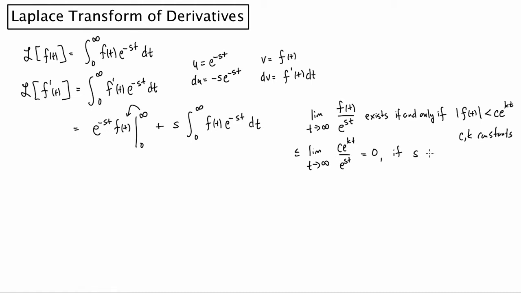If we want it to go to 0, then the power of the exponential in the bottom has to be larger than the power of the exponential in the top. So we're perfectly fine as long as the function f of t satisfies that property, and then that limit is going to equal 0. This is a special property, and if the function f of t that we're looking at satisfies it, then we say that f of t is of exponential order.